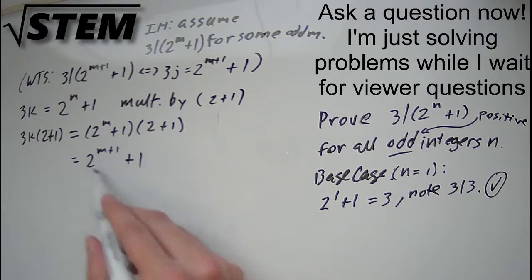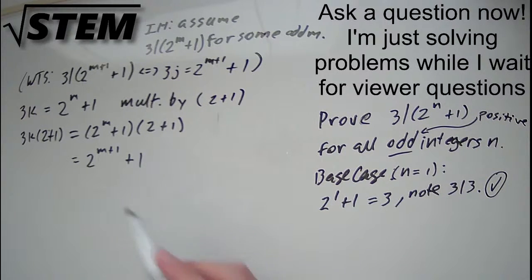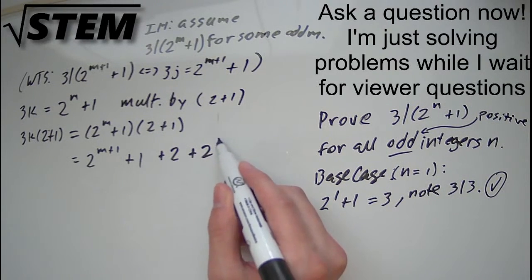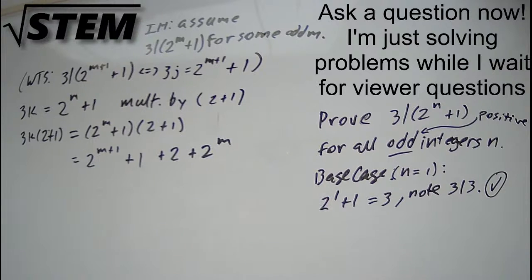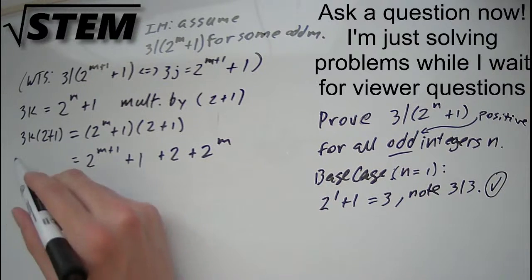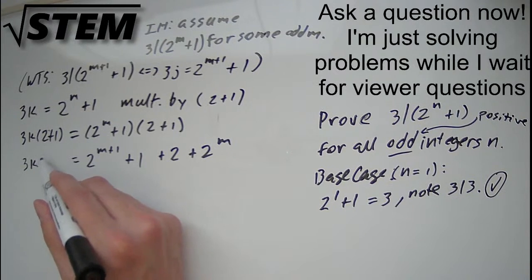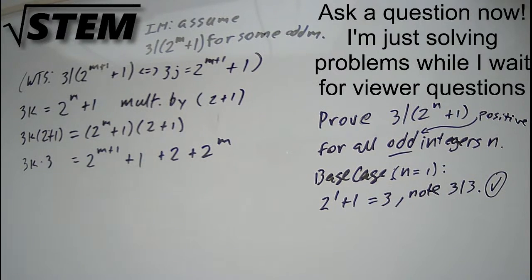So that's the part that we want to hopefully be able to keep on this side. We also get a 2 and a 2 to the m. 3k times, I'm just going to say another 3. So let's subtract this stuff.